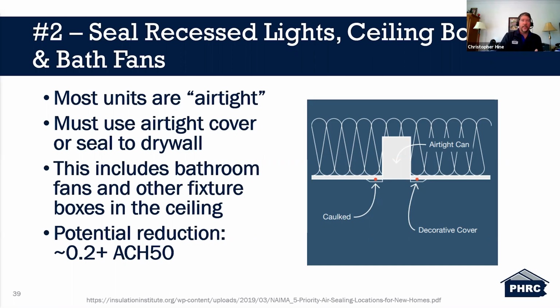And this also includes, as I said, bath fans and other fixture boxes. If there was a fan box that's going in, or a ceiling mounted light, they're going to have boxes that have to be sealed around that. Sealing these areas up, again, this number depends on the number of ceiling or can lights that are being used, but you have roughly a 0.2 ACH50 in this area.